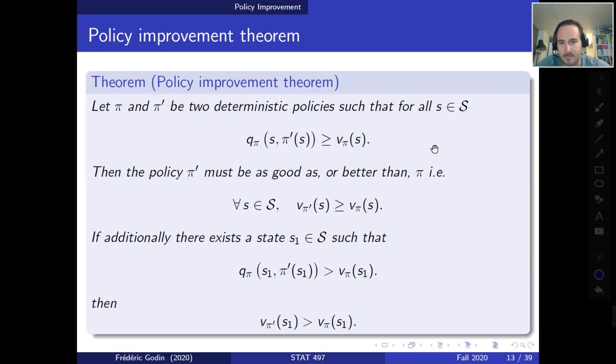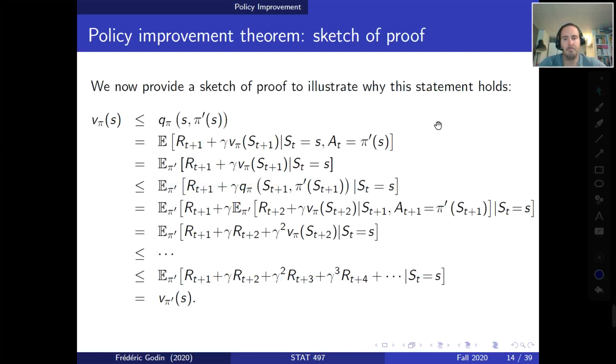So let's prove, or at least it's not a formal proof, but a sketch of proof for the previous result.